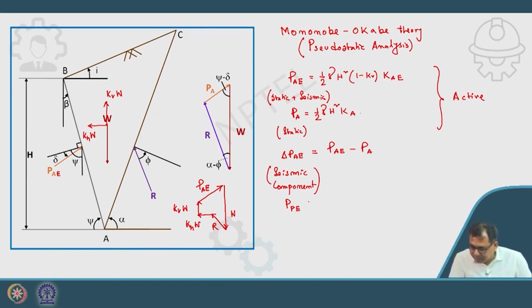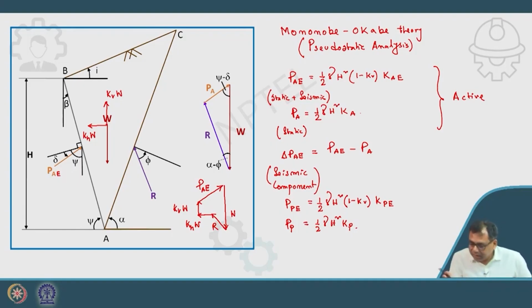So this will be a similar expression: half gamma h square (1 minus kv) into KPE, and for the static, PP is equal to half gamma h square into Kp. Clear?